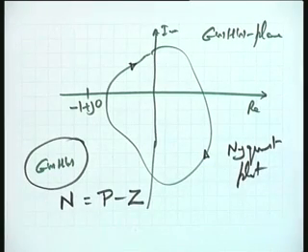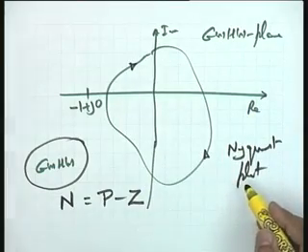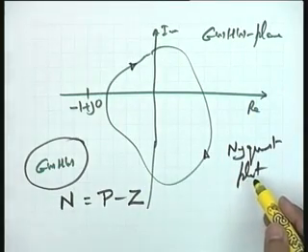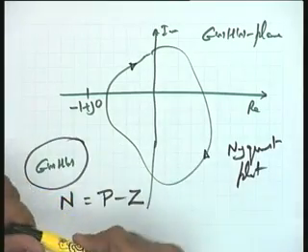In this particular case, for example, you see that the point minus 1 plus J0 is not encircled, and therefore this particular Nyquist plot corresponds to a system which is a stable system. Though GSHS has not been given to you, this corresponds to a stable system.